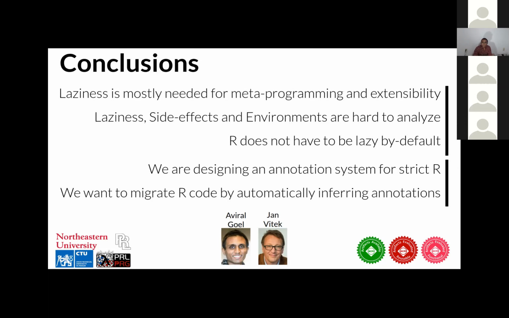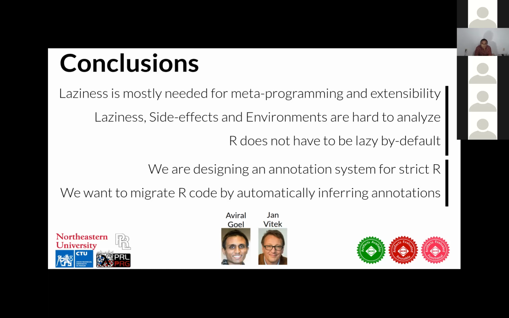Hi, this is Justin. Thanks for the talk. Have you thought about doing this kind of analysis for other languages? Haskell is another language that is well known for being lazy, but there's some debate about how much people use it and how much laziness is important. Do you think this kind of analysis might work for other languages? I don't think so, because the design of Haskell is very different.